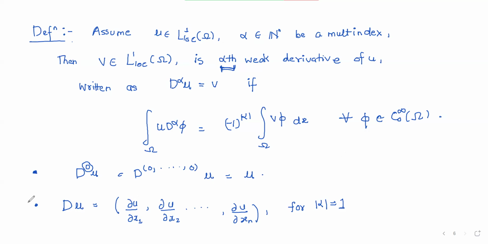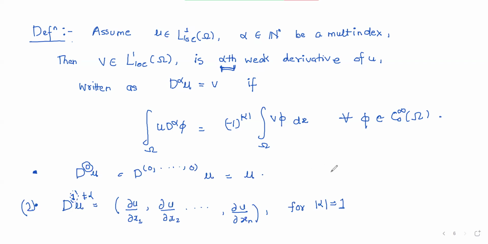Let us see the second one, because here I am using 1, but the 1 is not alpha here. Alpha is my multi-index, so alpha should be an n-tuple.